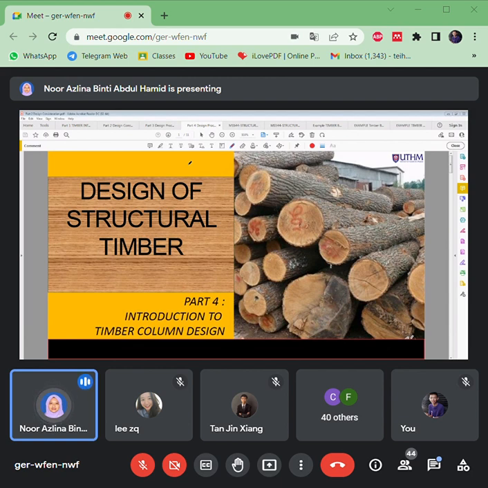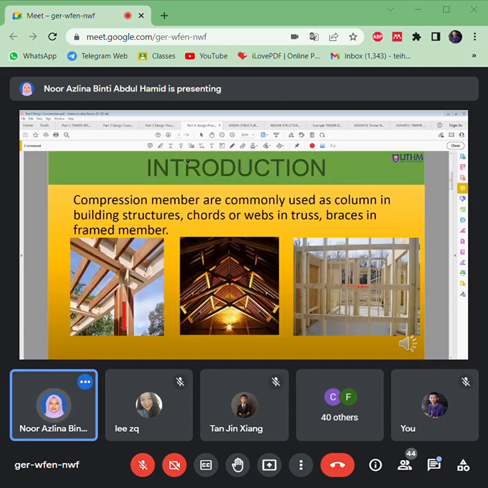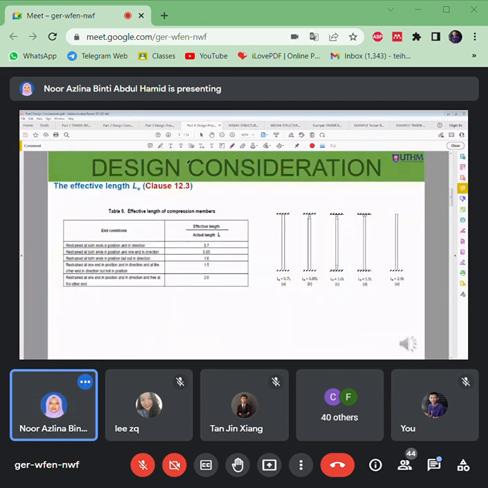The columns design here is also the same thing. But the thing that you need to know is about the lengths of the columns. For columns, there are different conditions at the top and bottom of it. Is it fixed, pin, or roller?